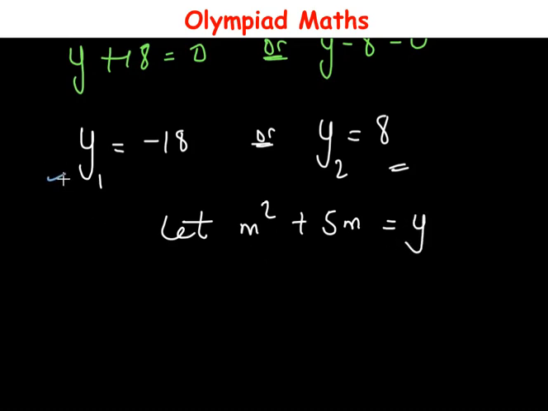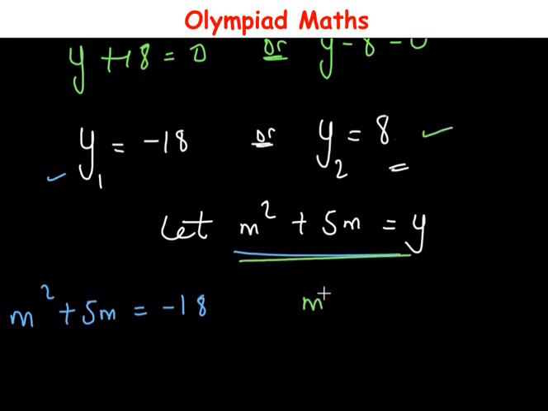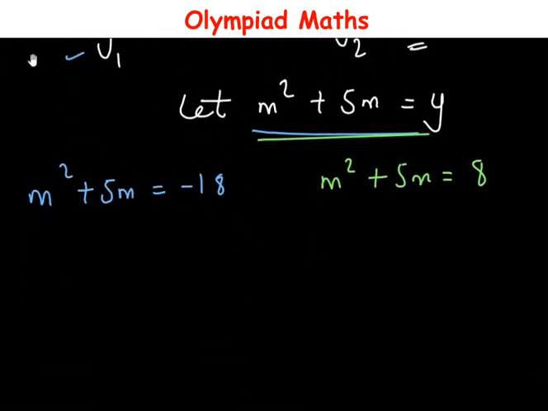So for y1, this equation becomes m squared plus 5m is equal to minus 18, and for y2, this equation becomes m squared plus 5m is equal to 8. So with this, we are then going to move minus 18 over to this side. So we have m squared plus 5m plus 18 is equal to 0.